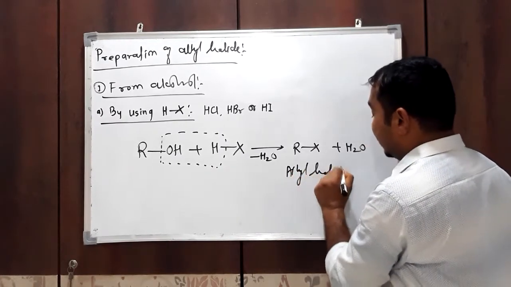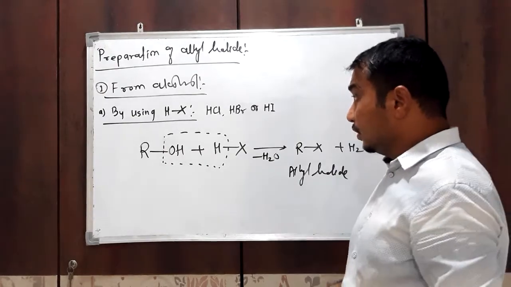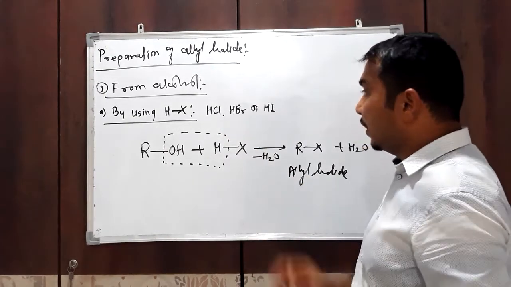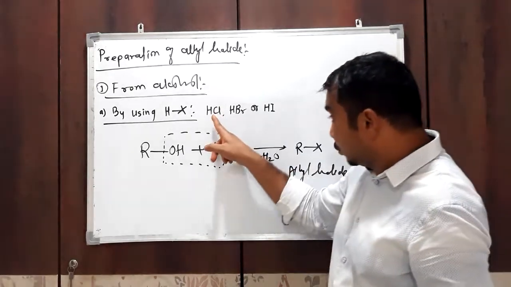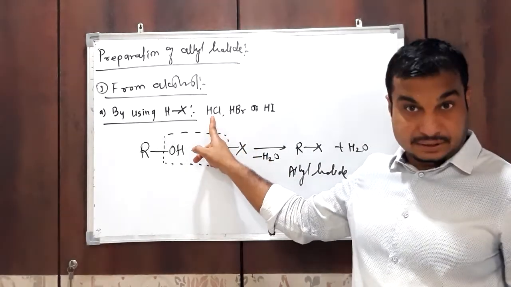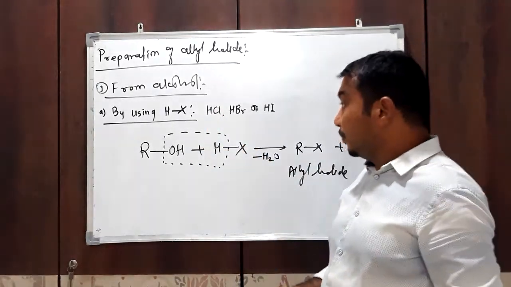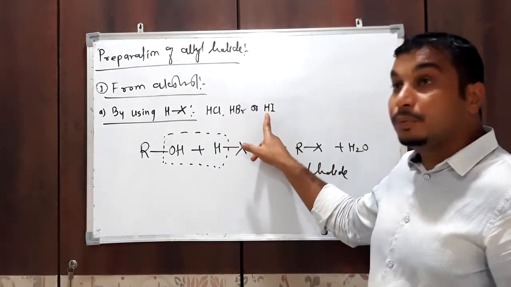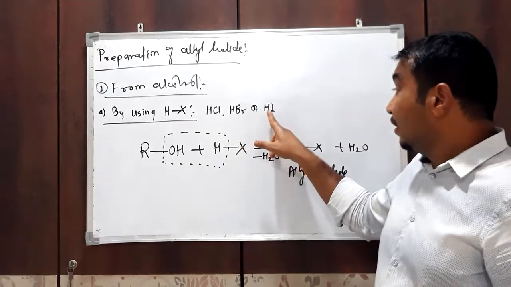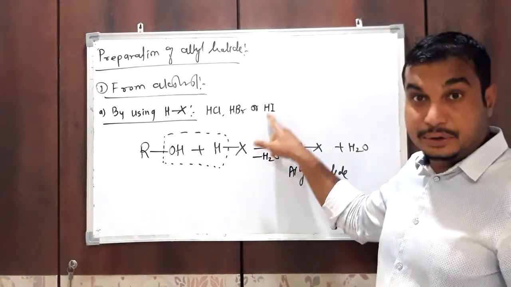Now if you want to prepare alkyl chloride, then we have to use hydrochloric acid. And if you want to prepare alkyl bromide, then HBr. And if you want to prepare alkyl iodide, then HI, hydroiodic acid.